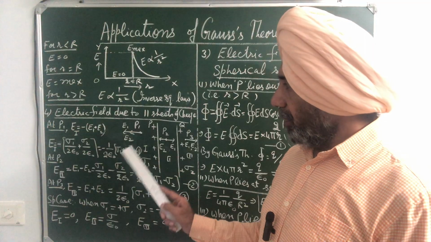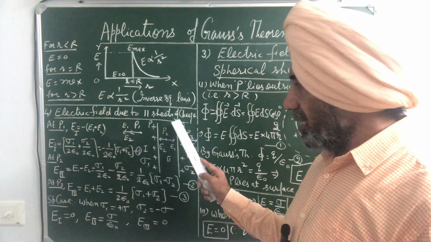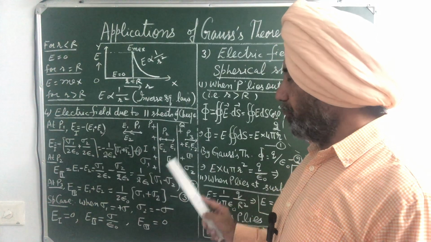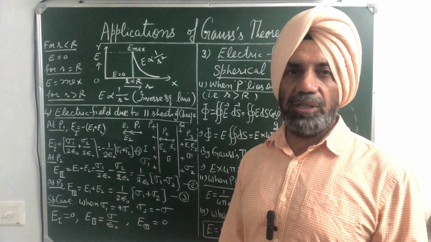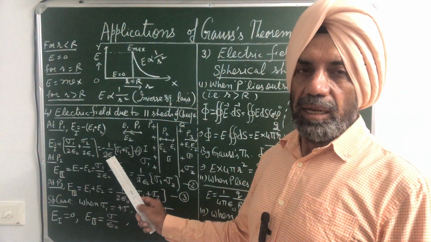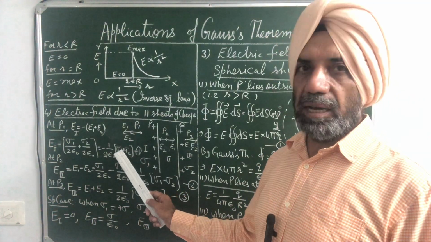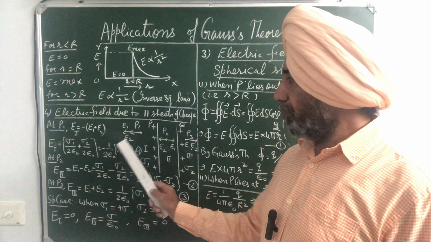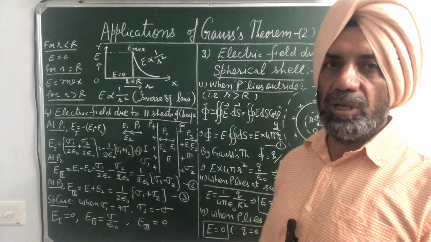It means for a capacitor having a set of two parallel positive and negative plates of equal surface charge densities, the electric field outside the region of the plates, that is to the left of plate P and to the right of plate Q, is always 0.